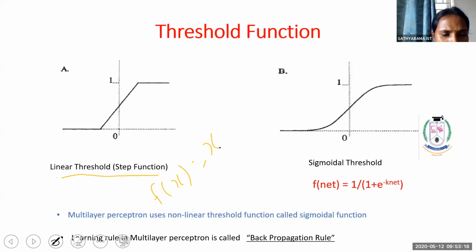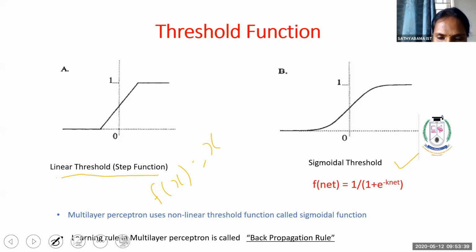That is the linear step function you already discussed in the single layer perceptron. Now for our multi-layer perceptron, for smooth learning, we are going to use the sigmoidal threshold.